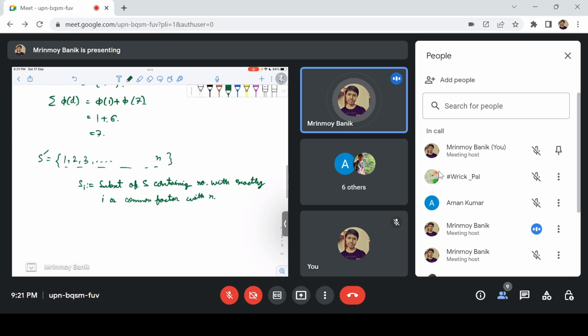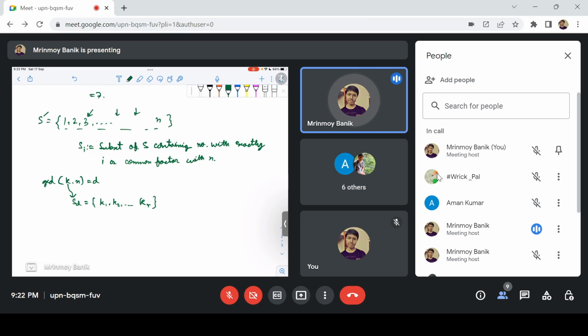And S_d is, out of these numbers, those that have GCD of k and n equal to d. If GCD of k and n is d, then that k goes into S_d. So we get the collection of k_i's: k1, k2, k3 up till kr, suppose.